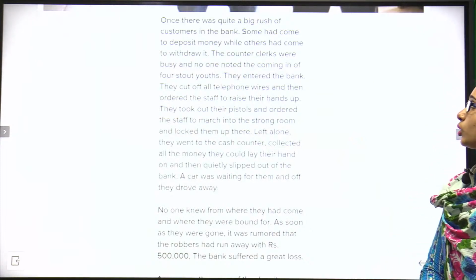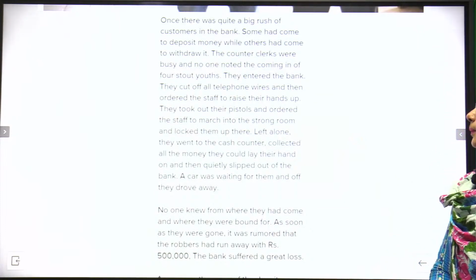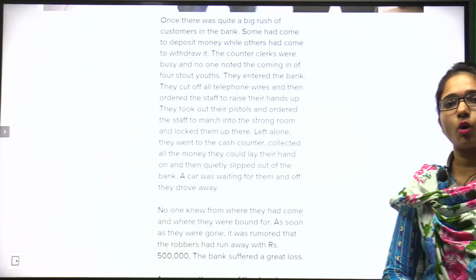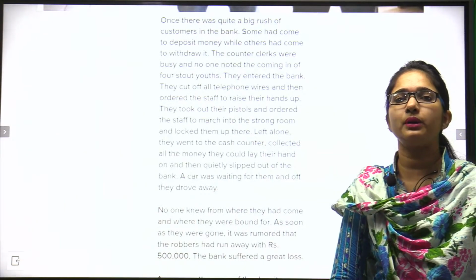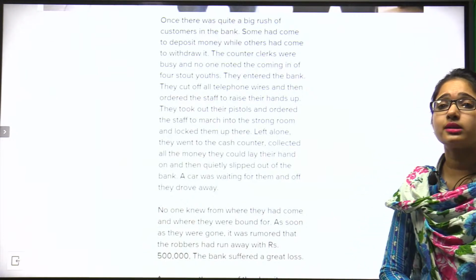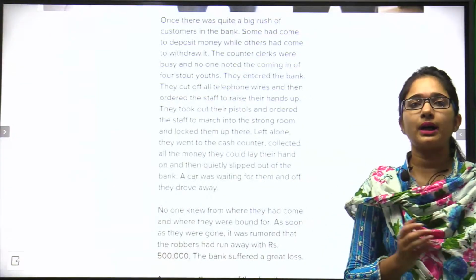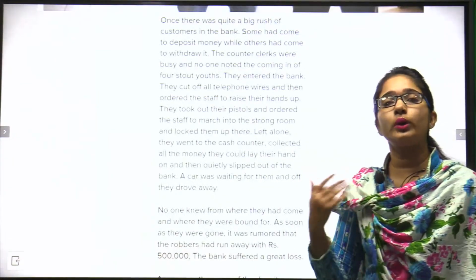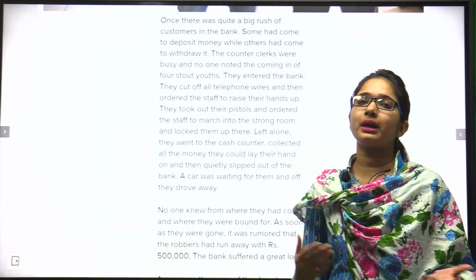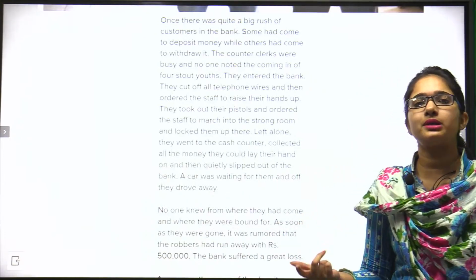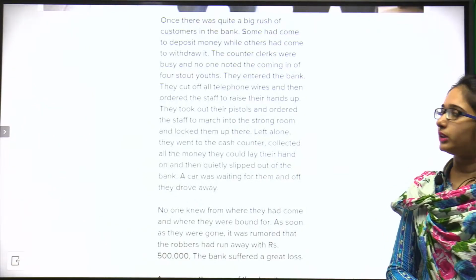Once there was quite a big rush of customers in the bank. You know, banks are always crowded and many customers are there. Some come to the bank to deposit money. Some customers come to withdraw money. So many people are there, the daily routine is going on. Everyone is busy in their own activities.